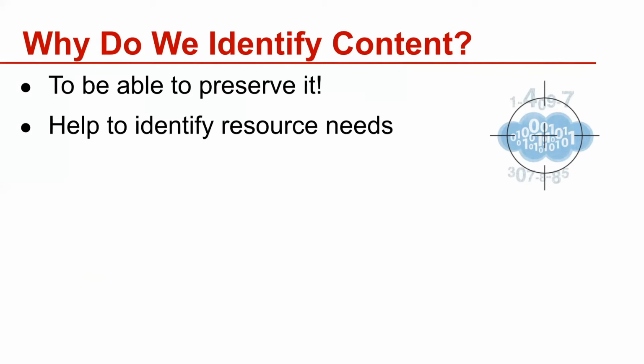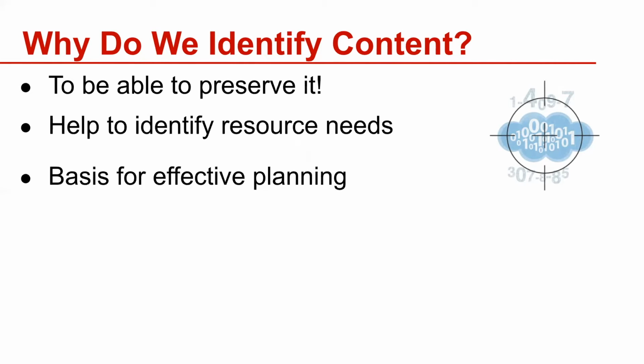We identify content because it also helps us to identify our own resource needs. Preservation requires an explicit commitment of resources. I hear from people all the time that they don't have the resources and support for a good digital preservation plan or program. To get the resources and support to preserve your digital materials, it could definitely help if you were able to take a concrete document that shows just how much you need to have taken care of.